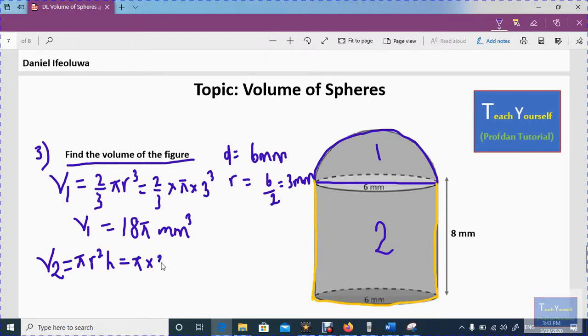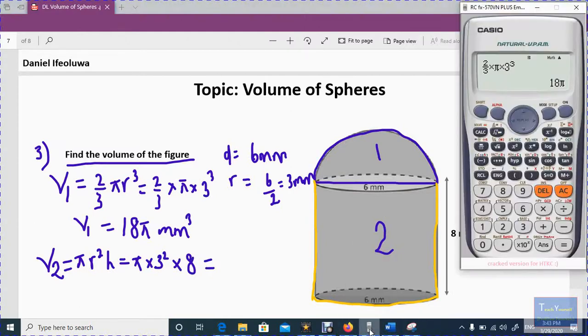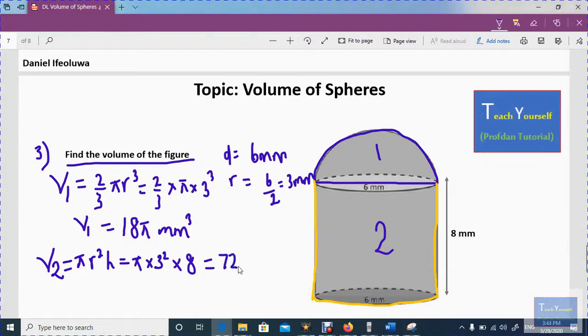So I have 3 squared times the height of the cylindrical part, which is given as 8. So 3 squared, which is 9, times 8, 72. So this is 72 pi in terms of pi, millimeter cube. I'm leaving this in terms of pi because in some exam questions, if it's objective, you can see your answer in terms of pi, okay?